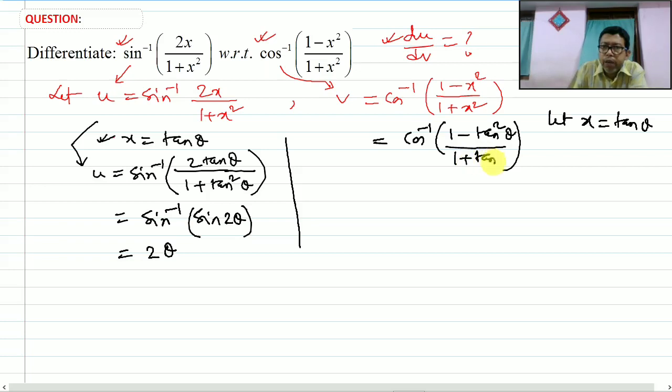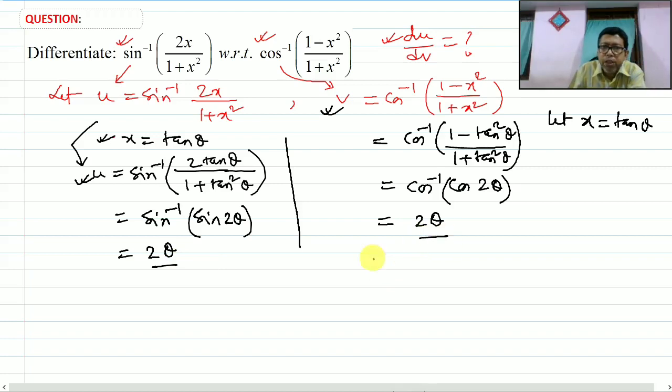What is this formula? 1 minus tan square theta divided by 1 plus tan square theta is cos of 2 theta. Now, cos inverse of cos 2 theta is equal to twice theta, isn't it? So v is equal to 2 theta and u is equal to 2 theta. You observe carefully, u is equal to 2 theta and v is equal to 2 theta.